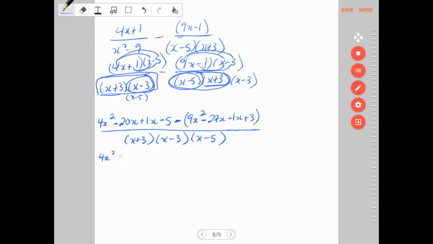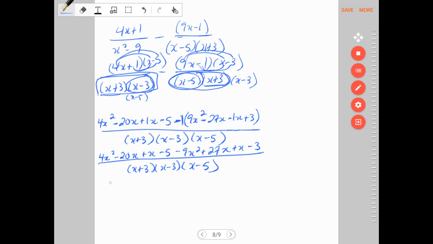Okay, I'm going to run my negative sign through, and then we can start collecting like terms. So 4x squared minus 20x plus x minus 5 minus 9x squared plus 27x. Remember, when I multiply by negative 1, technically, it changes all the signs. Plus x minus 3. All over x plus 3, x minus 3, x minus 5. Okay, collecting like terms, 4x squared, take away 9x squared, gives negative 5x squared.